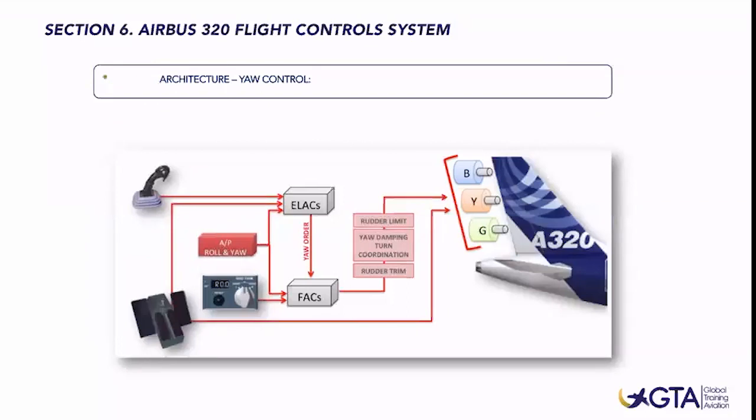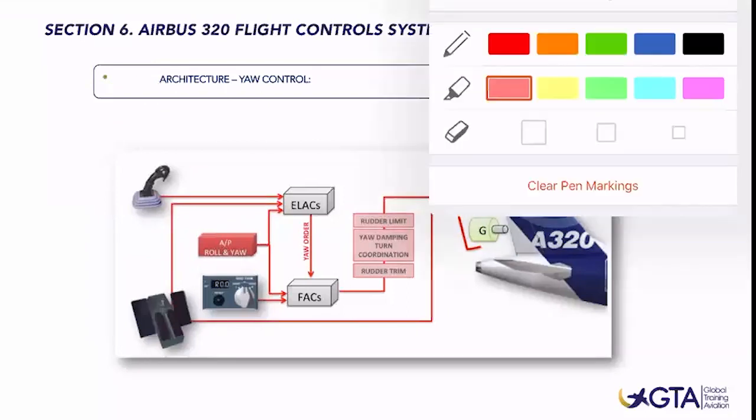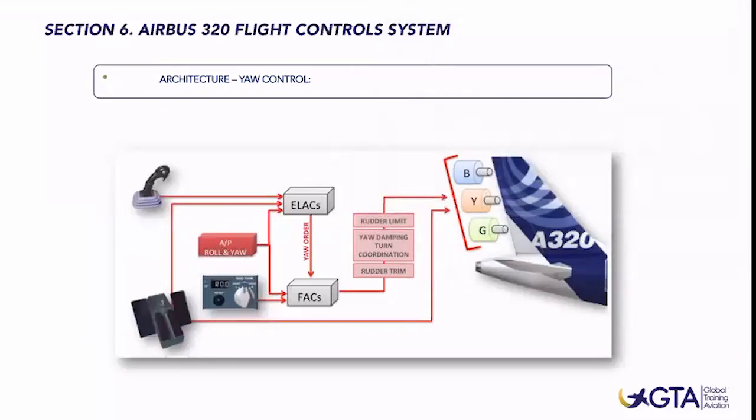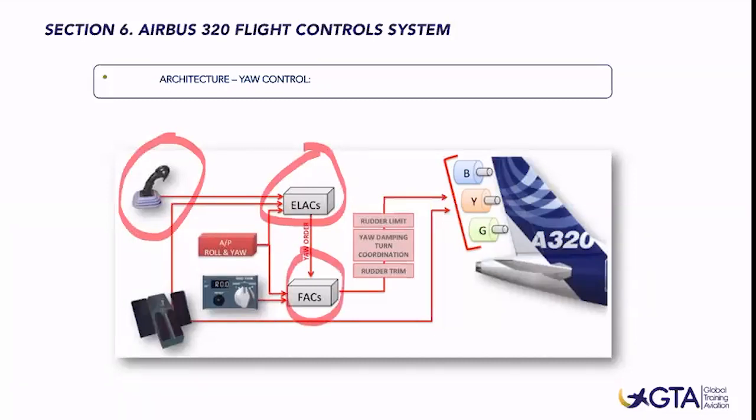So regarding our yaw control, basically the pilot will apply side stick input, performing a bank angle turn, and this input will travel to the ELAC, and the ELAC will send the information to the FAC for yaw damping and turn coordination.